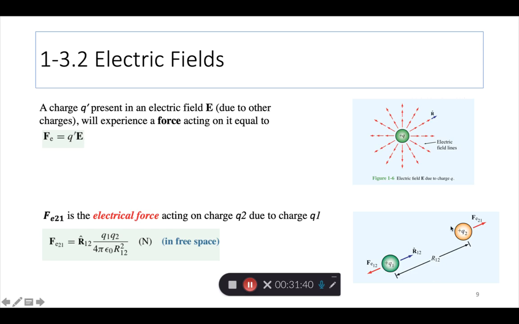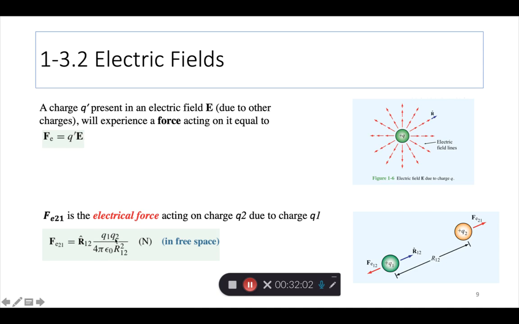Then if you have two charges, both existing at a certain distance from each other, then we can say that the electric force acting on one charge, say Q2 due to charge Q1, is written like this, and vice versa.